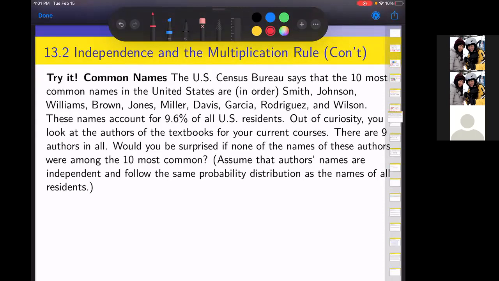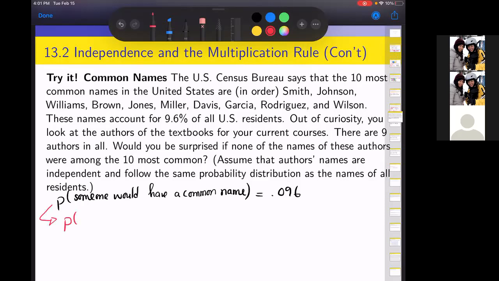Let me write down. P of someone would have a common name. The probability of someone having a common name is equal to 0.096, which is 9.6 divided by 100. So what is the complement?